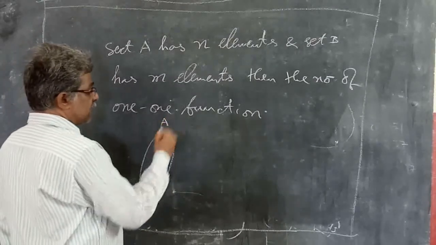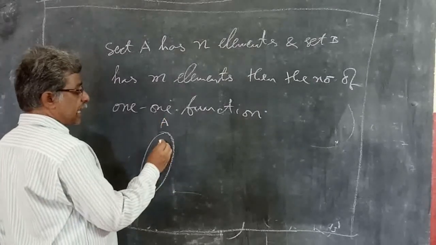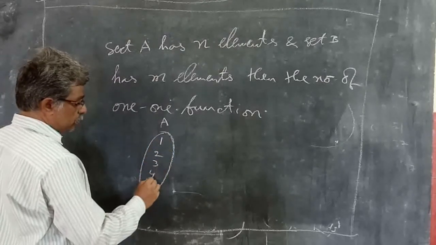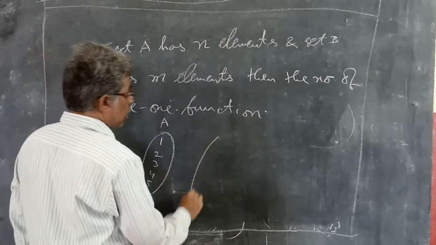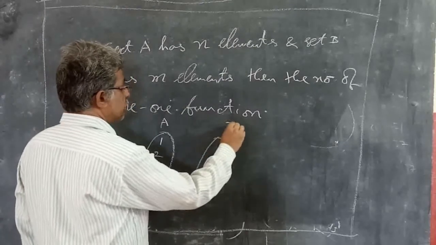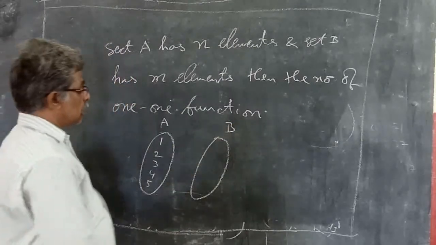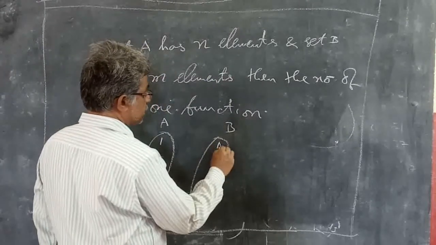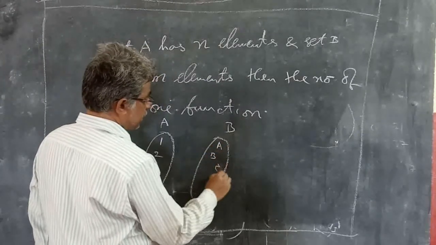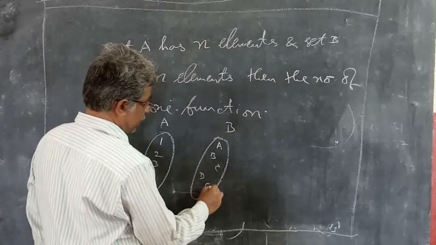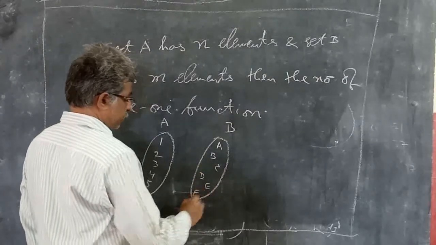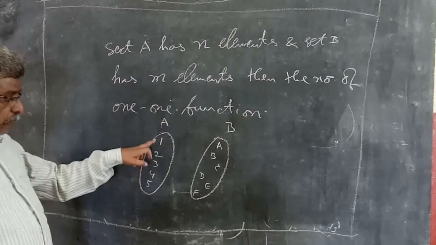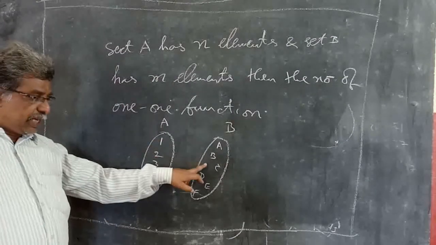Set A has n elements, for example, it is 5: 1, 2, 3, 4, 5. And the set B has some 6 elements: A, B, C, D, E, F. So what is meant by 1-1 function?